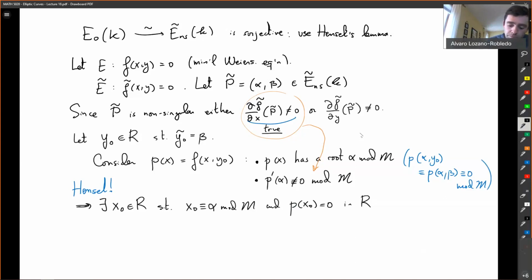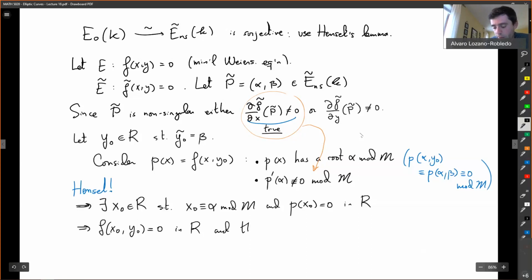Okay, so what this translates to is that f of x naught, y naught is 0 in R now, and thus the point (x naught, y naught) on E(K) maps to the point P twiddle (alpha, beta) in the non-singular reduction, which is what I wanted.